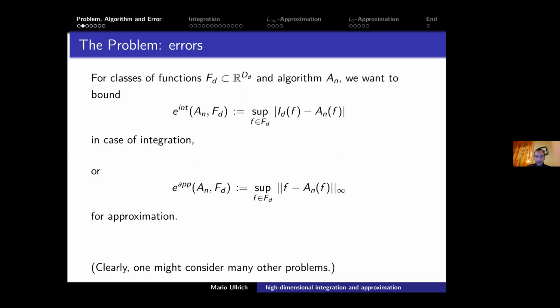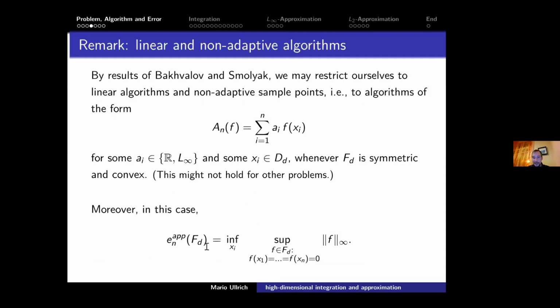You might guess that if you take another problem, maybe L1 approximation, and if this formula would still be correct for L1 approximation, then it's exactly what Volodya said: it's just the same as the discretization problem in L1. But this is not always true, because in L1 approximation it cannot always be true.